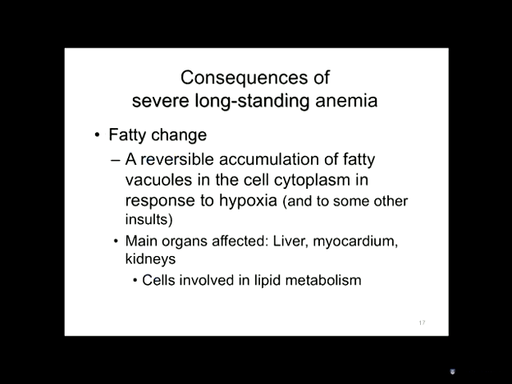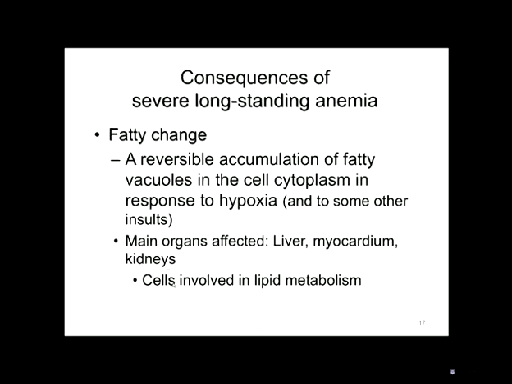Okay, so those are the major consequences. There are some specific things that can happen in cells when the anemia is severe and long-standing. So fatty change is the most common and the most well-recognized effect on cells, and it tends to be reversible, because the cells that underwent fatty change can actually recover once they get additional oxygen supplied to them.